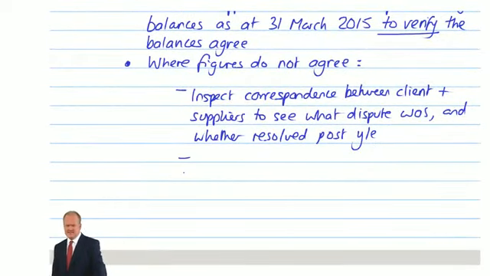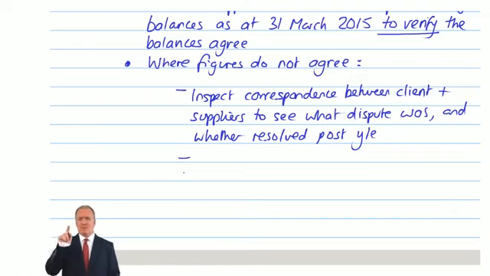But I'm also thinking supplier statements are monthly, which means if there was one at the 31st of March, there would be one at the 30th of April and the 31st of May, and both those dates have passed.